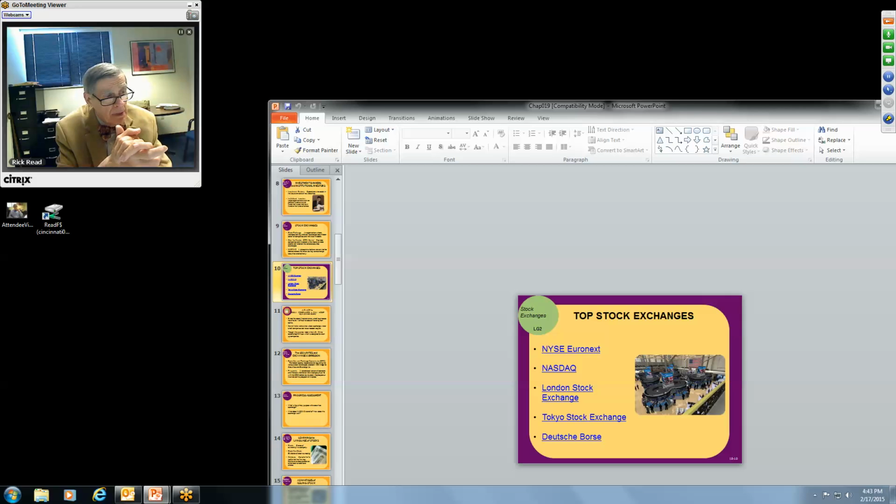These are the top stock exchanges in the world. There are a couple of others that are not mentioned here. NYSE stands for New York Stock Exchange, and it merged with Euronext. Matter of fact, I think Euronext bought the New York Stock Exchange out. I'm not 100% sure of that. NASDAQ we talked about.